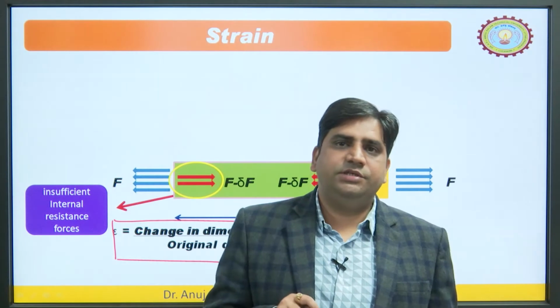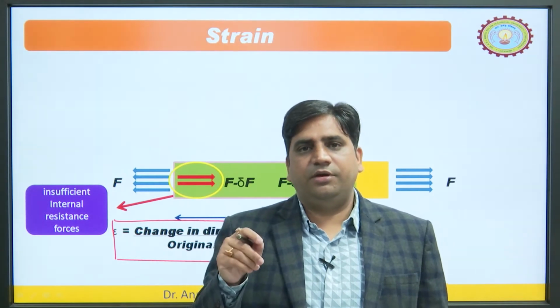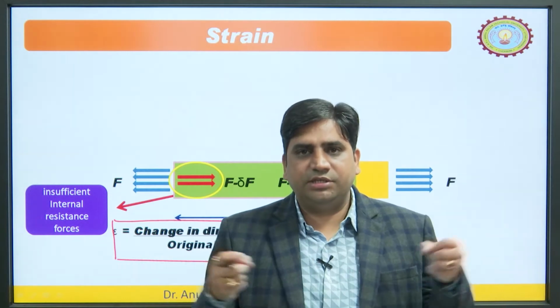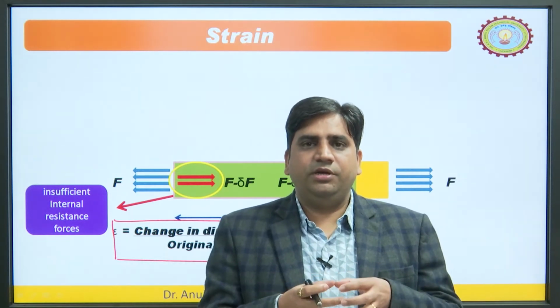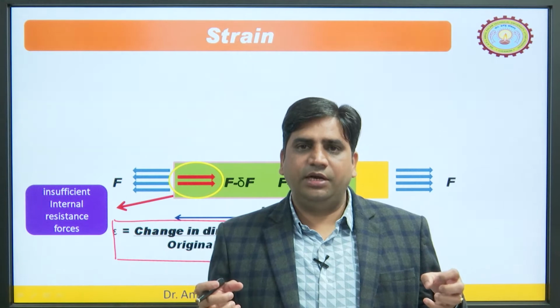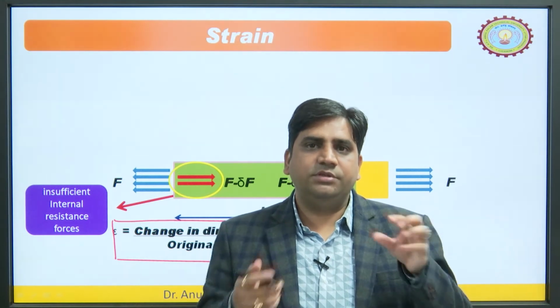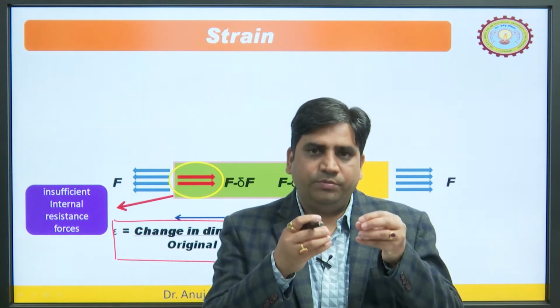If it is change in diameter, then change in diameter upon original diameter means delta D upon D, because if you stretch something, there would be an increment in the length, but at the cost of a decrement in the lateral dimension, meaning the diameter would be reduced to a particular value.